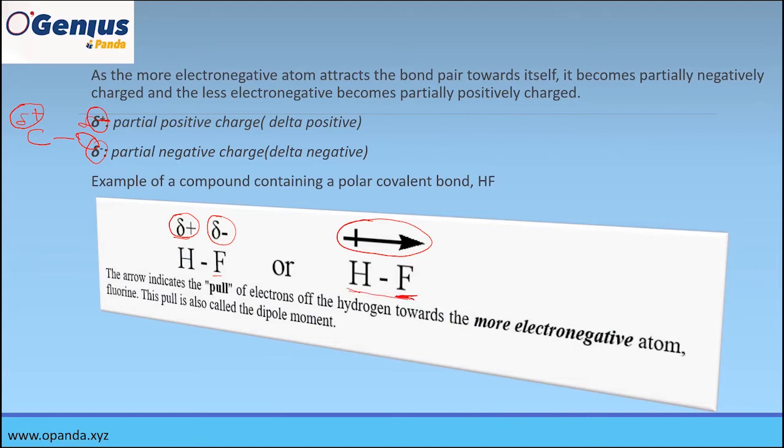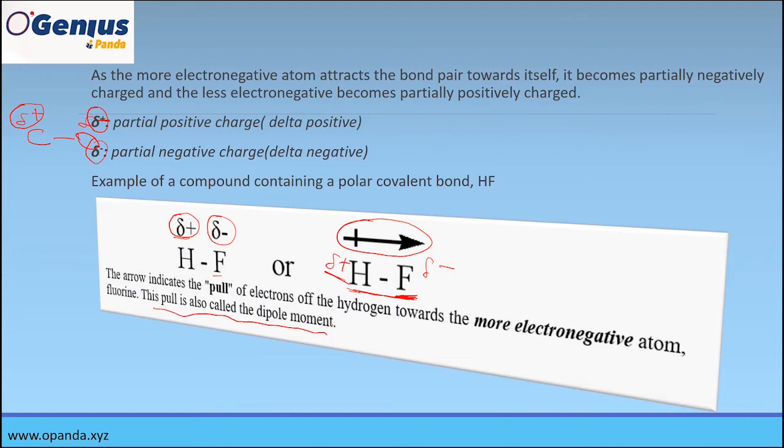So we represent this by the dipole moment, which moves from the positive pole, the less electronegative atom, to the negative pole, the more electronegative atom, which is pulling the negative charges towards itself. And this pull is called the dipole moment.